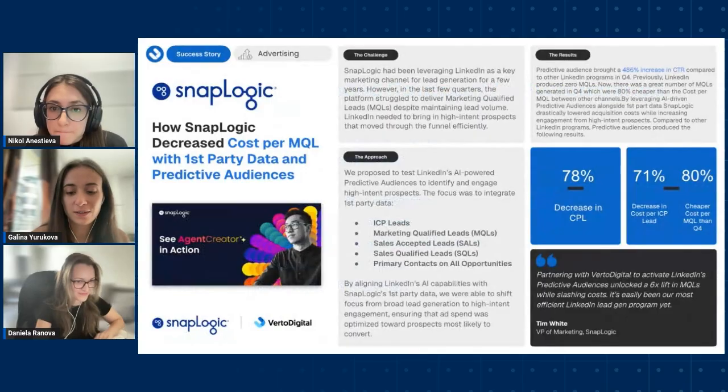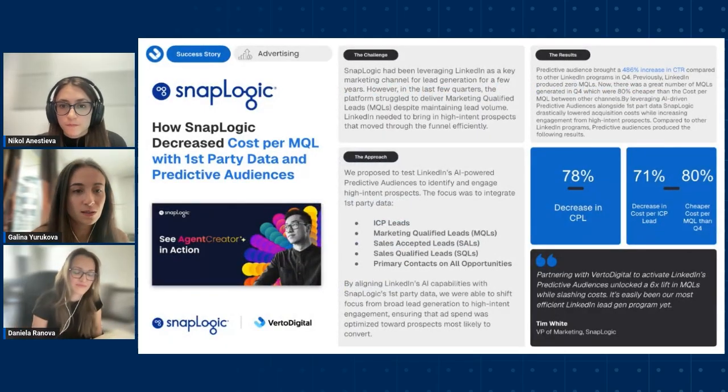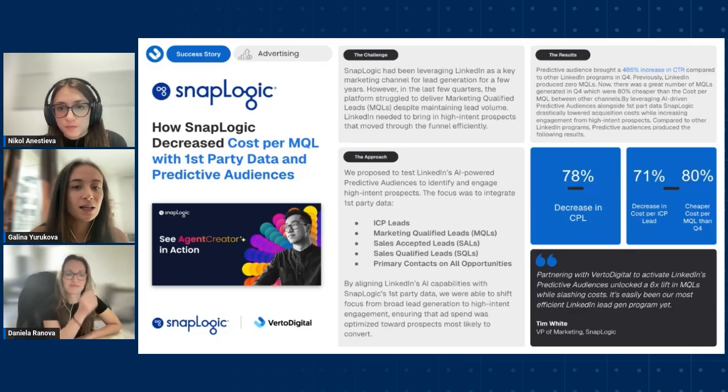In the beginning, in the agenda, we also mentioned that we will show you 2 case studies. This is one of them, where we partnered with Snaplogic to improve their cost per MQL, and to also show how predictive audiences can shift the focus from broad lead generation to more high intent engagement.